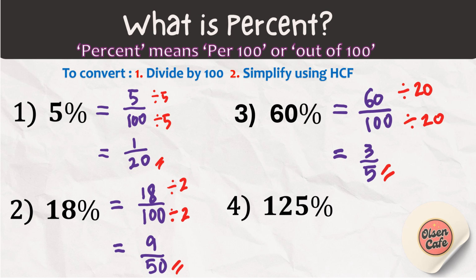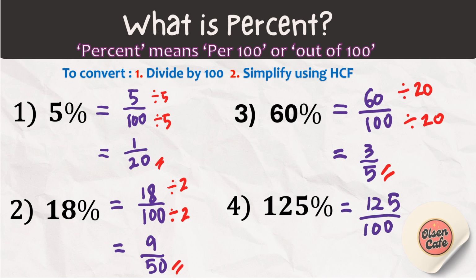Now let's look at the next example, which is 125%. This number is a little bit bigger than the first 3 examples. So over here, what you notice is that 125 is already more than 100. But not to worry, we apply the same steps as what we have done previously.